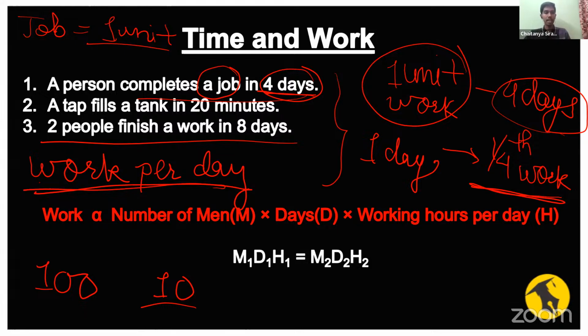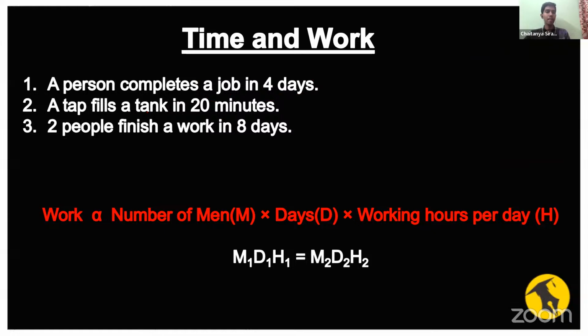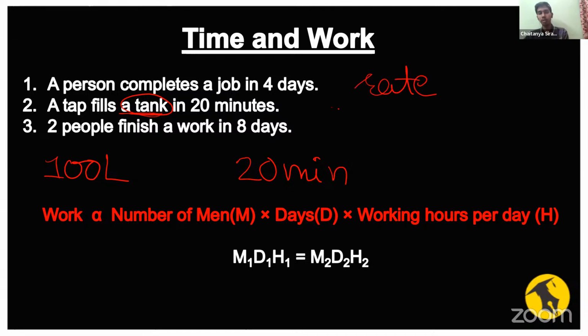We have another example which says a tap fills a tank in 20 minutes. Again, here, the tank has some capacity. Let's say it is a 100-liter tank and it takes 20 minutes to fill it. So I can get some rate of work or efficiency, how efficient my tap is. If it fills 100 liters in 20 minutes, we can find how much it fills in 1 minute.